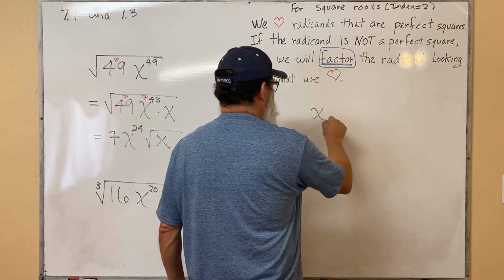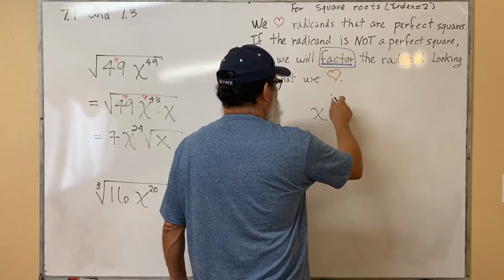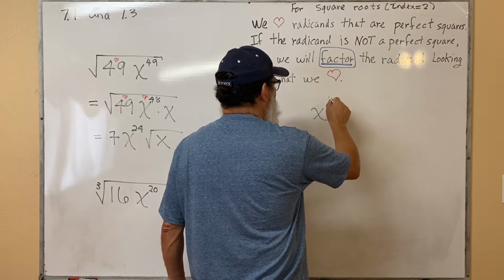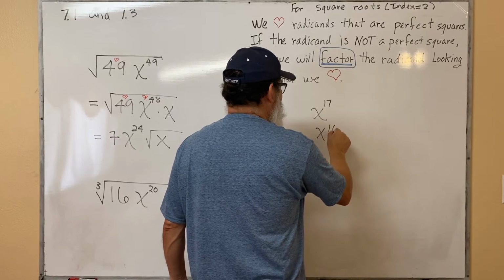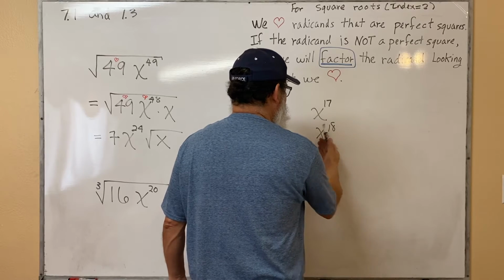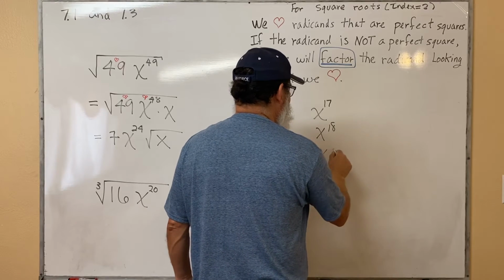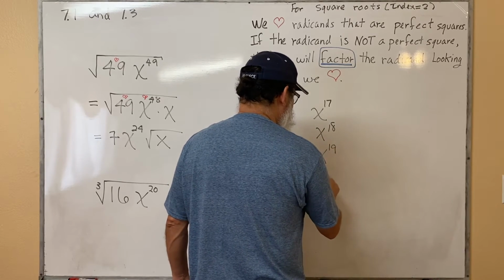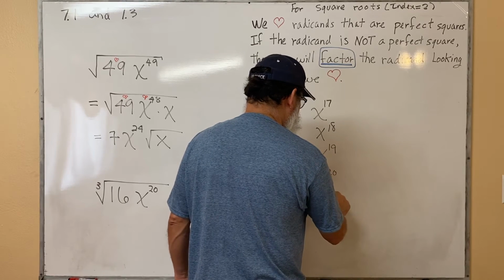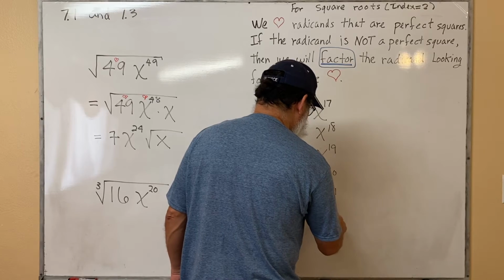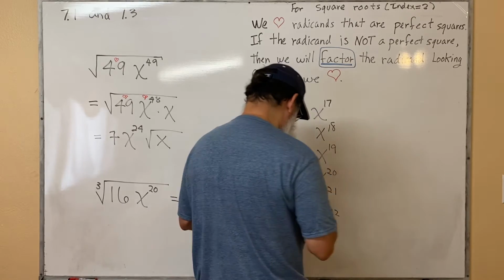We have x to the 17, x to the 18th, x to the 19th, x to the 20th, and x to the 21st, x to the 22nd.